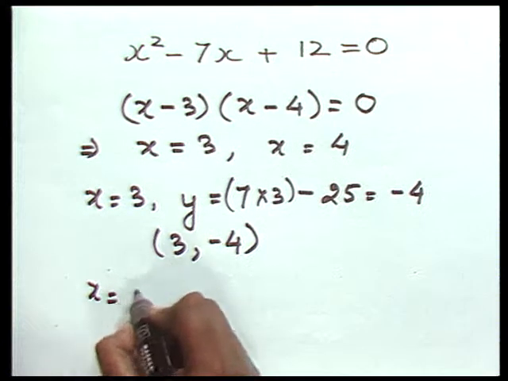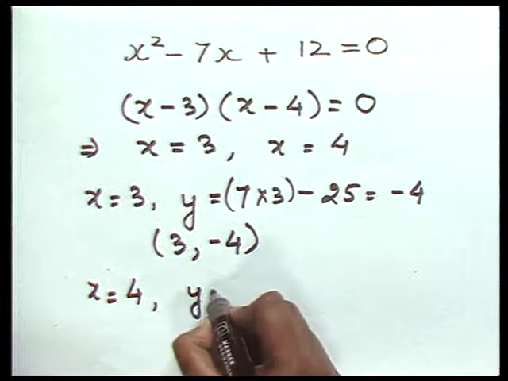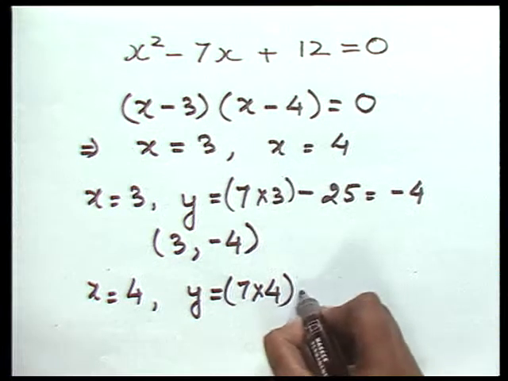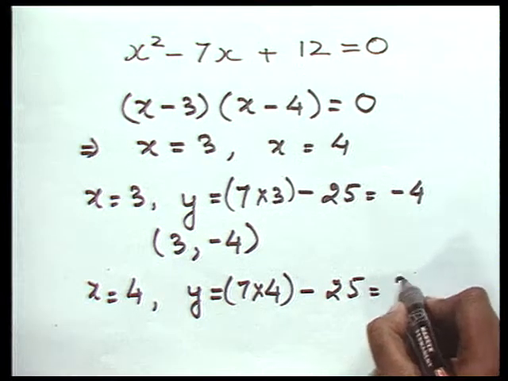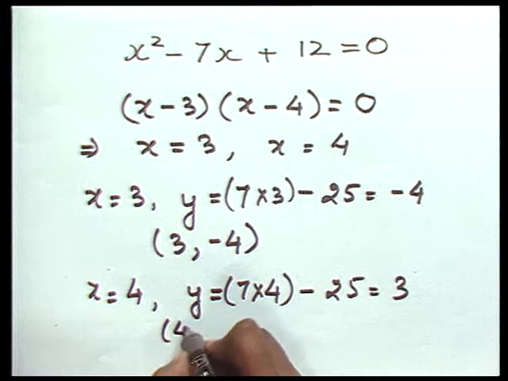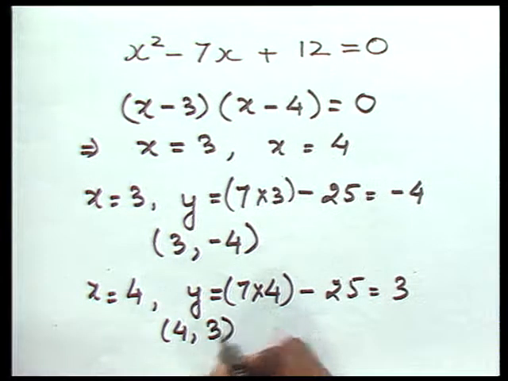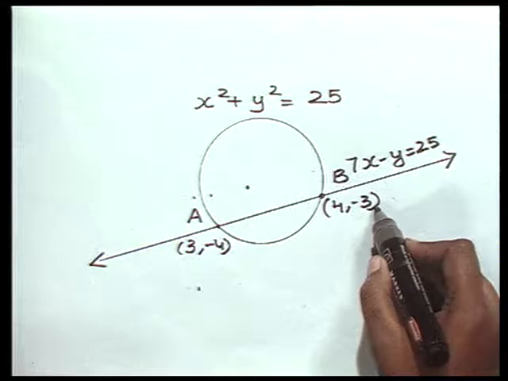When x is equal to 4, from here again we get the value of y is 7 into 4 minus 25. Solving this we get the value of y as 3. So, another point of intersection of the circle and the line is (4, 3). So, we find that the line intersects the circle at two distinct points, (3, minus 4) and (4, 3).